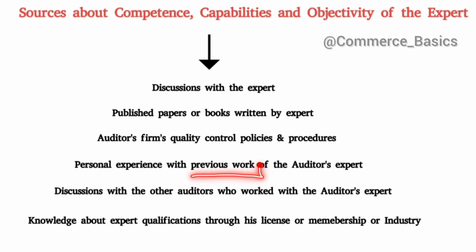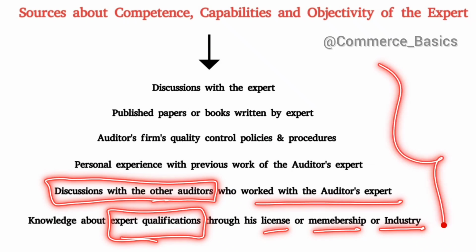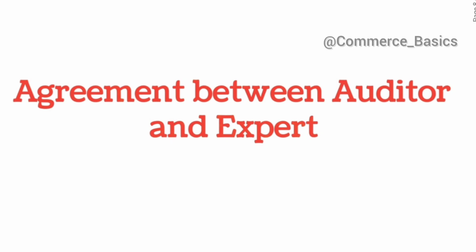Or if the auditor has worked with that expert previously, he can use his personal experience with the expert as a source. By discussing with other auditors who have worked with the auditor's expert, we can get to know about him. And finally, using his license, membership, or industry standing, we can get to know the expert's qualifications. These are the major sources to get to know about the expert's competence, capabilities, and objectivity. With this, we have completed the introduction of the expert.